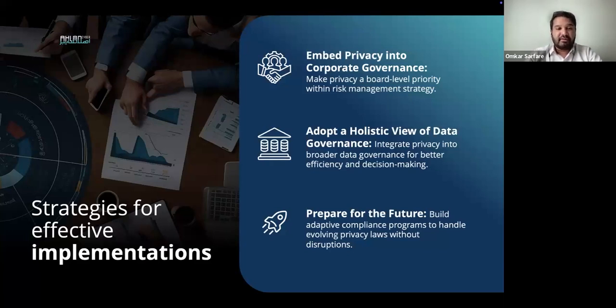This means involving the board of directors and senior leadership in defining the privacy objectives, and integrating them into the organization's overarching risk management strategy. And fostering a culture where safeguarding personal information is not just one team's responsibility, but everyone's responsibility.